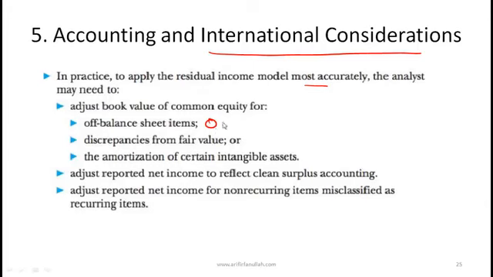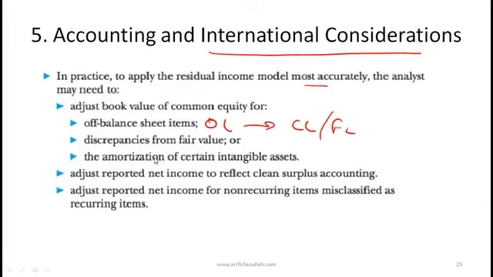For example, if you have a lot of operating leases, you might want to convert them into capital leases or finance leases. If there are discrepancies from fair value, what should you do? If there is land that is valued at cost, and the land is actually five times more valuable in terms of fair value, should you use the book value per the balance sheet or the adjusted book value per fair market value?